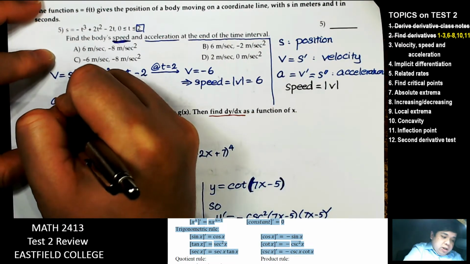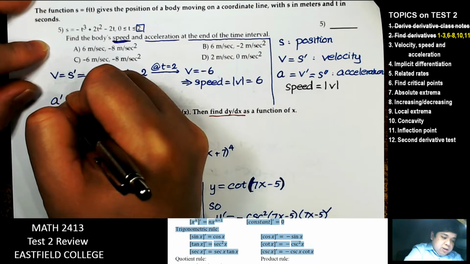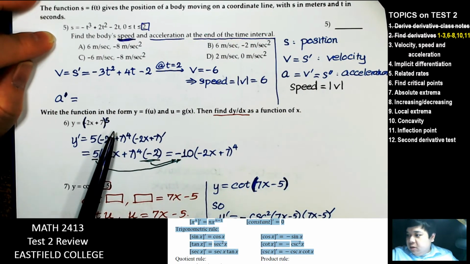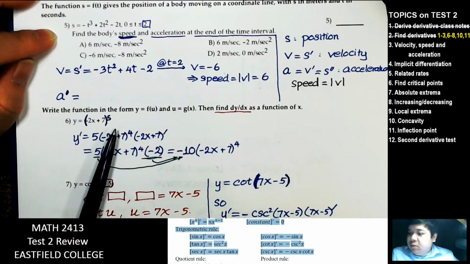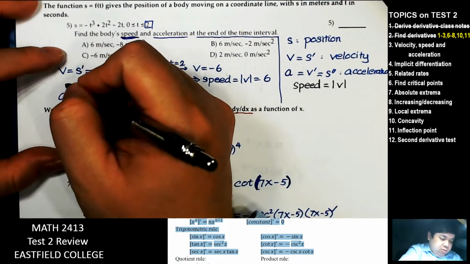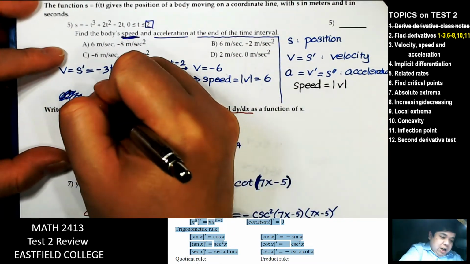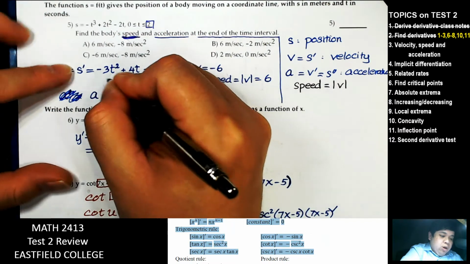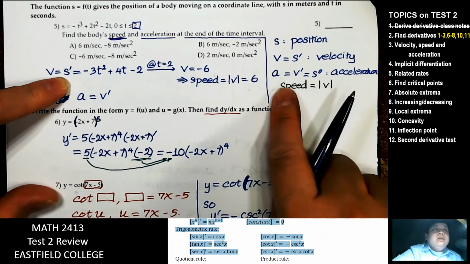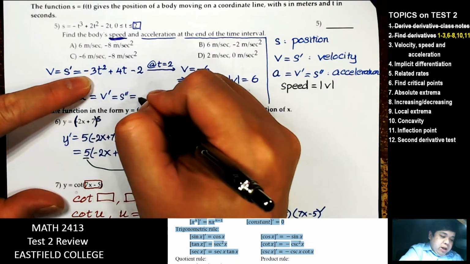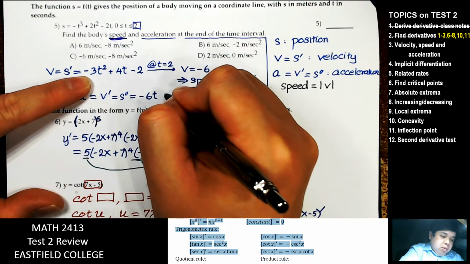And then the acceleration. Acceleration is the derivative of the velocity, or the second derivative of the position function. So pretty much we take the derivative of this, which will be negative 6t plus 4.